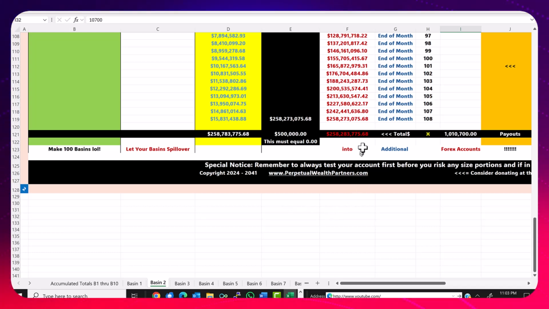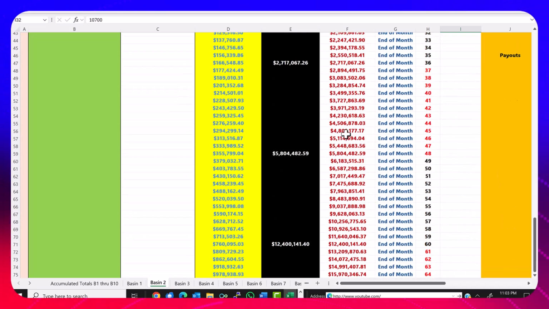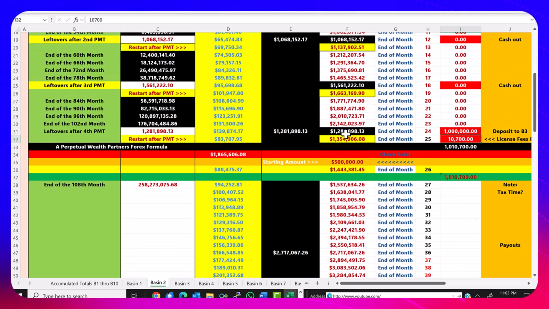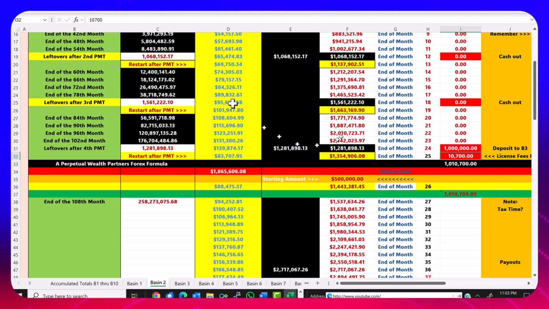And it's showing more interest in deposits than I made, so this number would have to have the $500,000 added back in. But okay, I was just double checking my equations. They don't really mean anything. Boom. There you go. You got 258 million at the end of the ninth year.